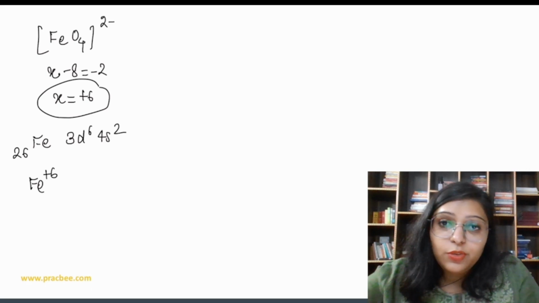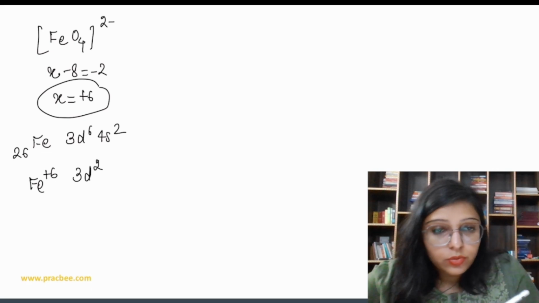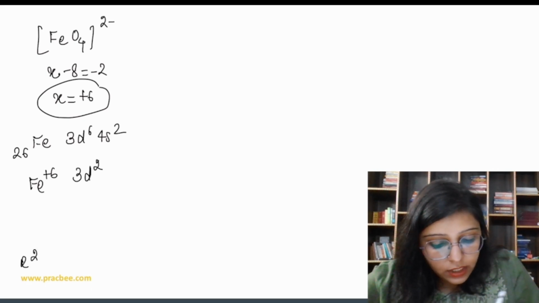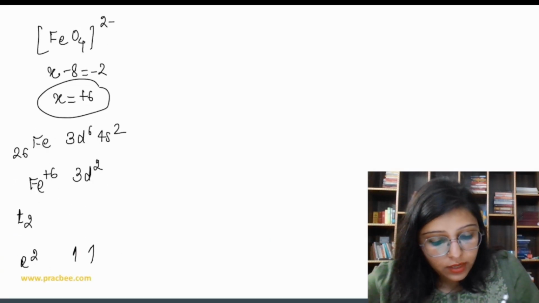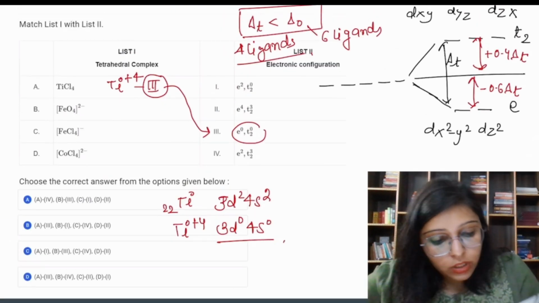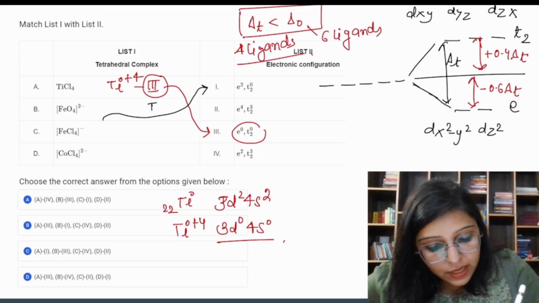So +6 means you have to remove 6 electrons. So that is going to be 3d2. So we have E2 and T2 0. So E2, we have 2 only, right? So 1, 2. So we can write E2, T2 0. So B can be matched with option number 1.